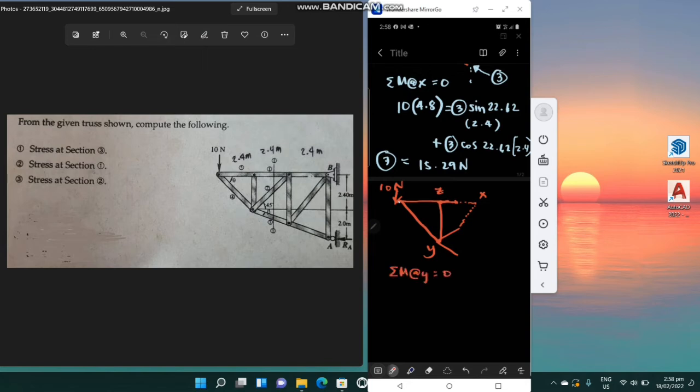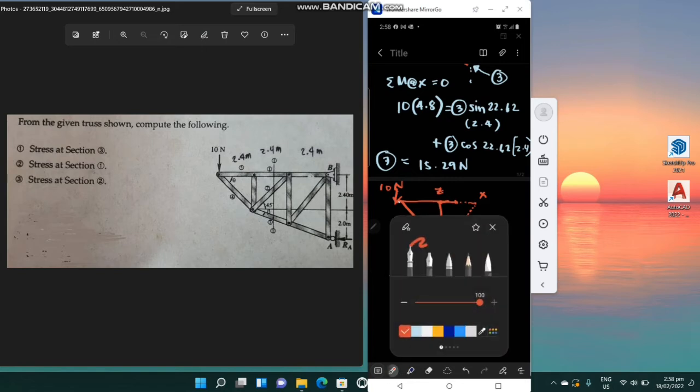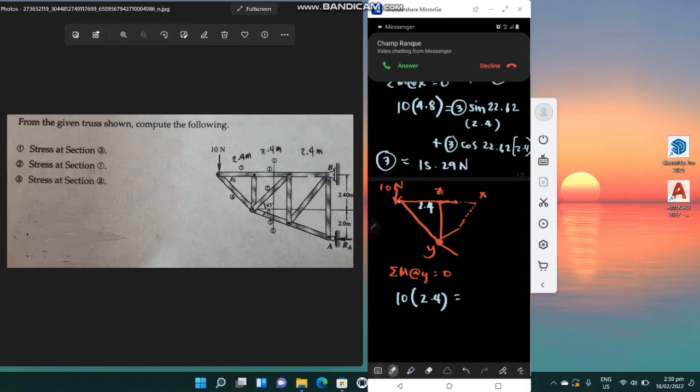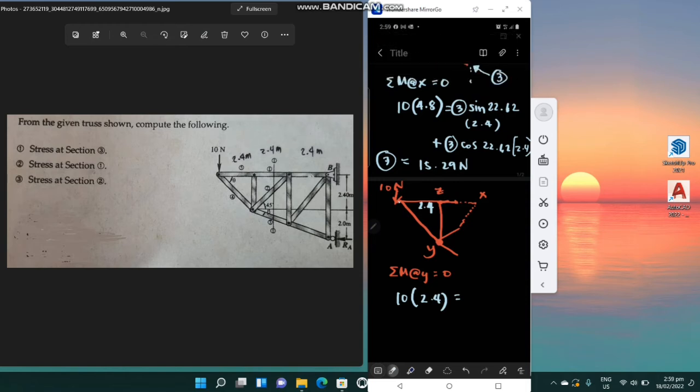equal to 0. Summation of moment at y equal to 0. So if you have a 10 Newton times distance 2.4, which is this one, equal to this one.